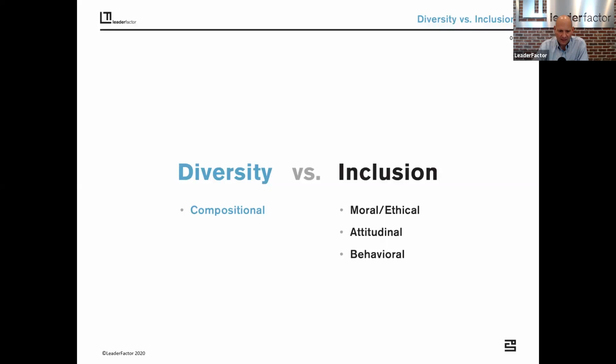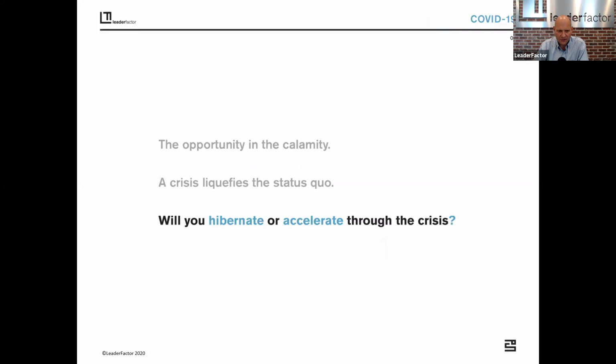All right, let's carry on. So hopefully that's helpful as a benchmark, as a baseline to understand the nature of the challenge. Now let's talk about current context, because in this pandemic, we have a once in a lifetime opportunity. Let me explain that. So there's an opportunity in the calamity of the COVID-19 pandemic. And here's what it is.